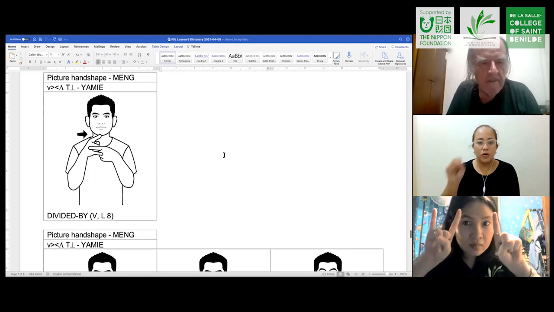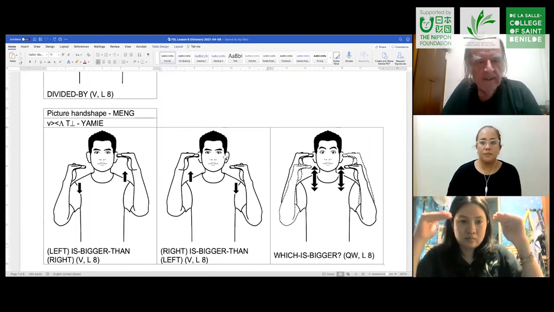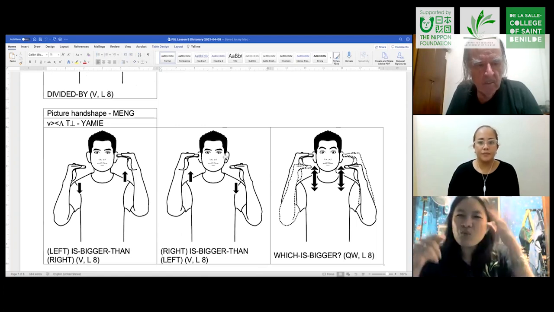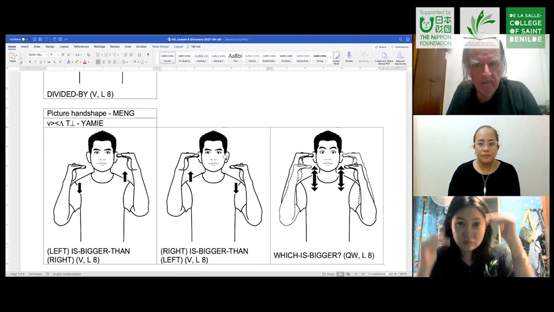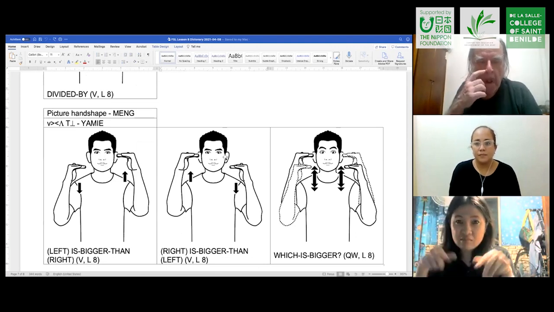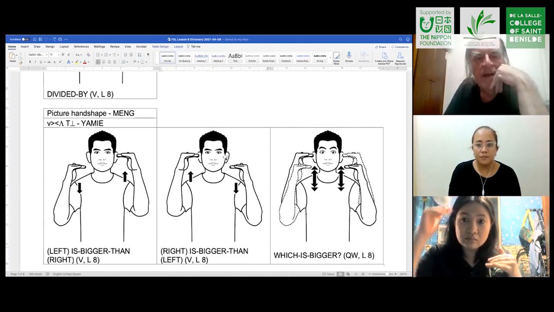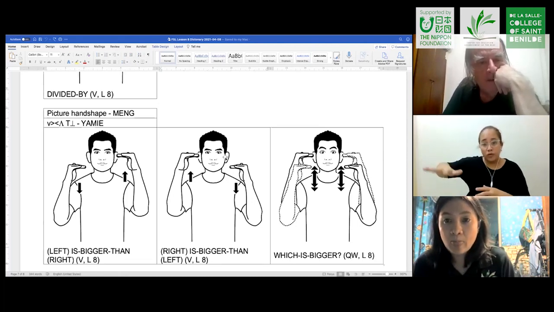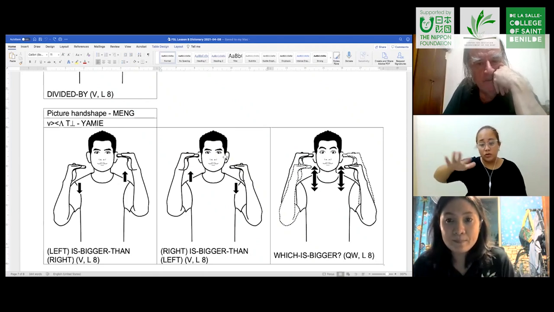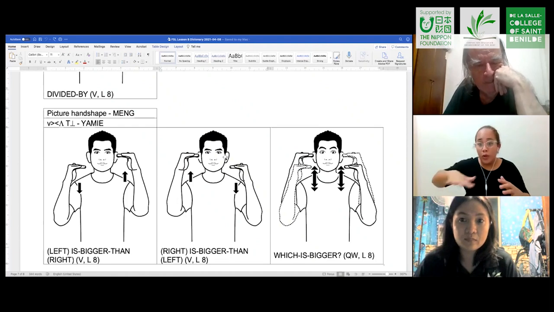Okay, and then the other hand is just the index finger. Then we have a tapered B, but I'm not sure which one is going to go first since they're both the same location, right? Yeah, take the location of the dominant hand, and then the location of the non-dominant hand.